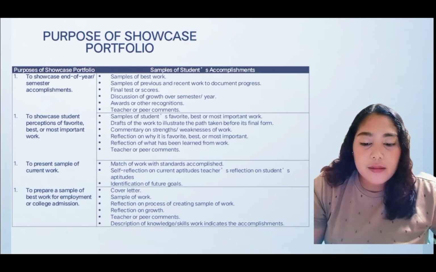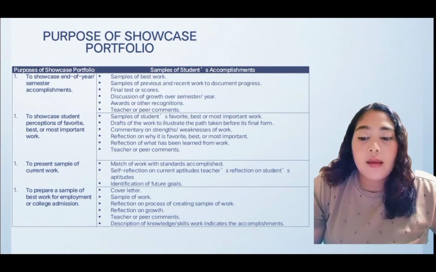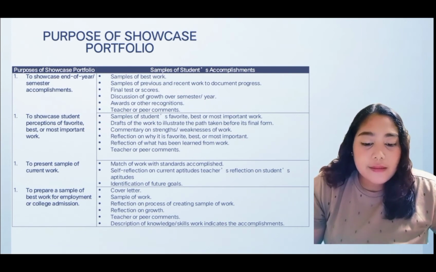Showcasing and presenting work allows students to reflect and speak about their learning as questions are asked. Having a display gives students accountability to always do their work so that they have a lot of choice when thinking about what to showcase.